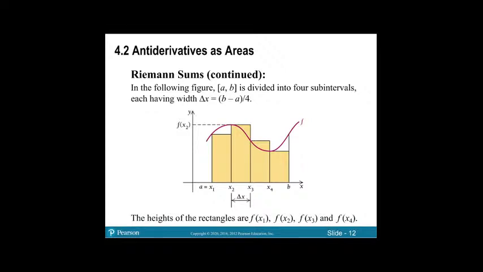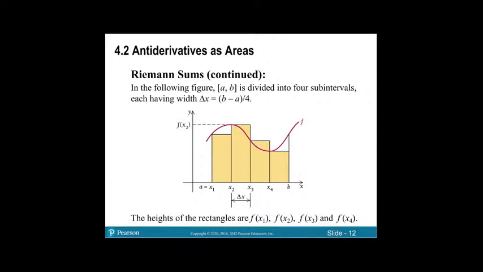So the height is, we're using the left corner of each rectangle. We could base the heights on the midpoint of each subinterval. We could also do it based on the right endpoint of each subinterval. But for this one, we're using the left endpoint of each subinterval to find the height of the rectangle.